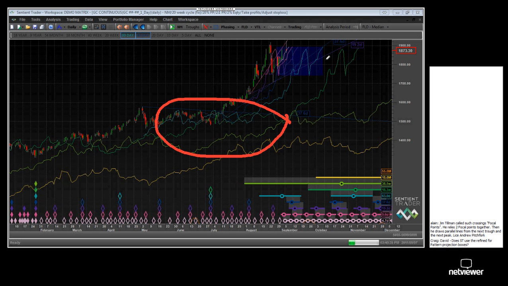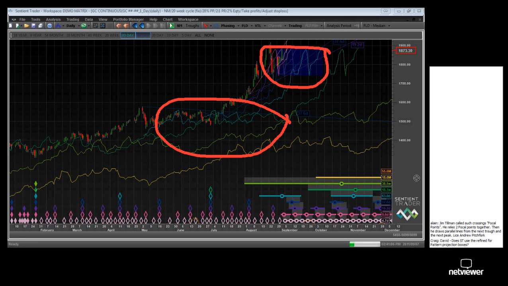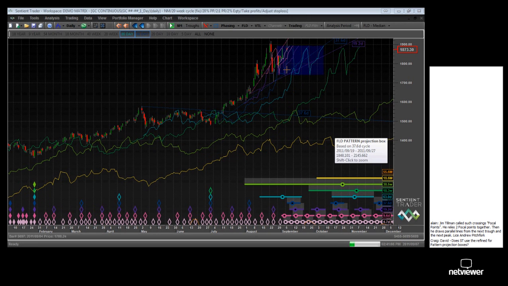You can see that FLDs are overlapping each other a lot. They're not traveling nicely in parallel to one another. They're creating a very messy movement. The same thing is happening over here. So those are the things you look out for in terms of FLD patterns.